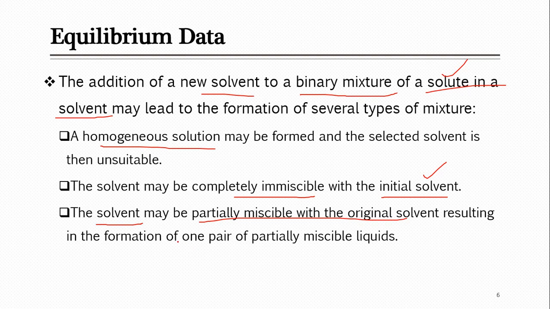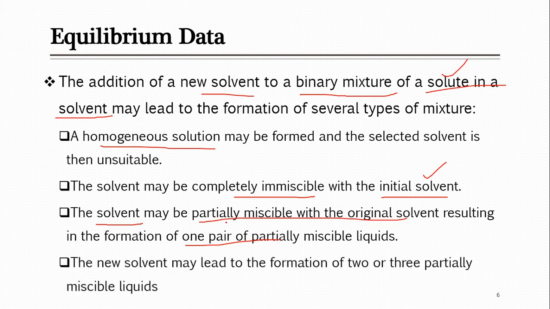Overall, this solvent and the other solvent will make one pair of liquids which are miscible with each other. And then there is another system where the new solvent may lead to the formation of 2 or 3 partially miscible liquids. Here reactions can take place and finally you get 2 or 3 partially miscible liquids.